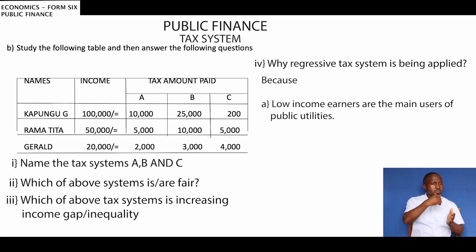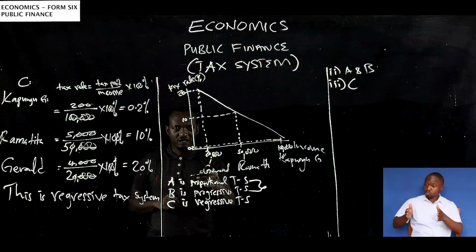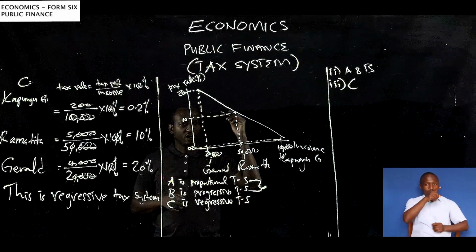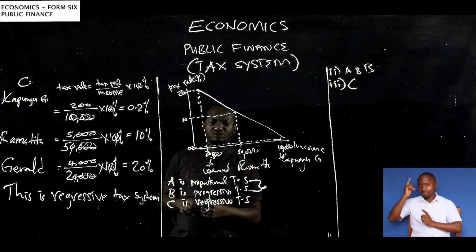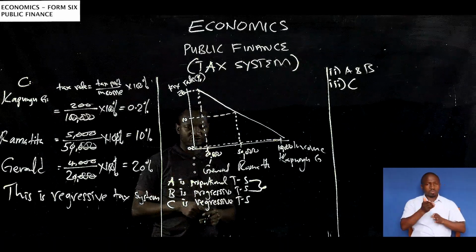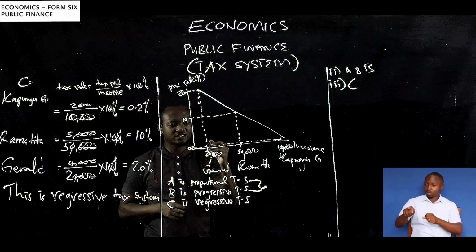The reason is that low income earners are the main users of public utilities more than the rich class. We may see low income earners at government schools, at government hospitals, but the rich class, most of them, do not use those government facilities. So it's fair to tax them at a high tax rate.